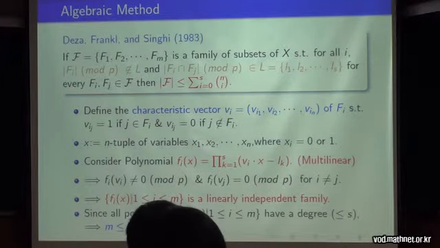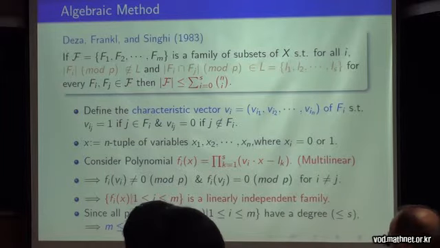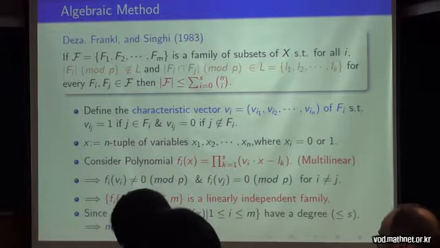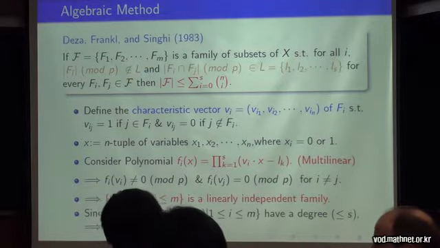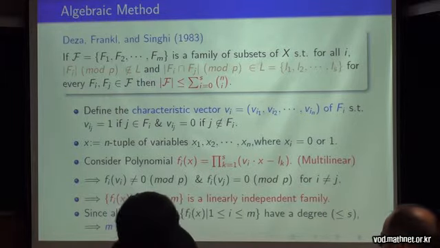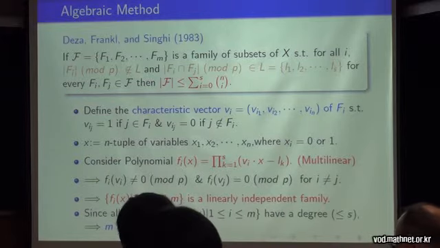To get this kind of upper bound, we define the characteristic vector vi of each set Fi in this family F. Then we define the following polynomial in n variables, taking values 0 or 1, satisfying xi squared equals xi.